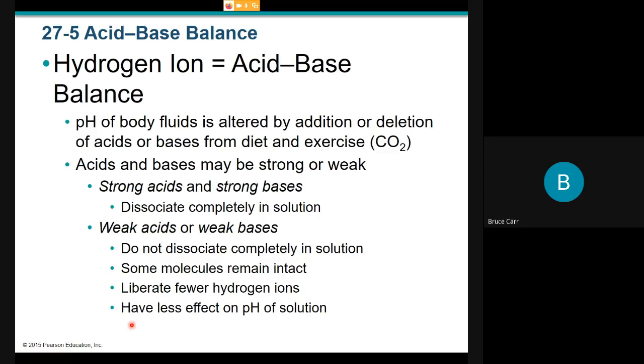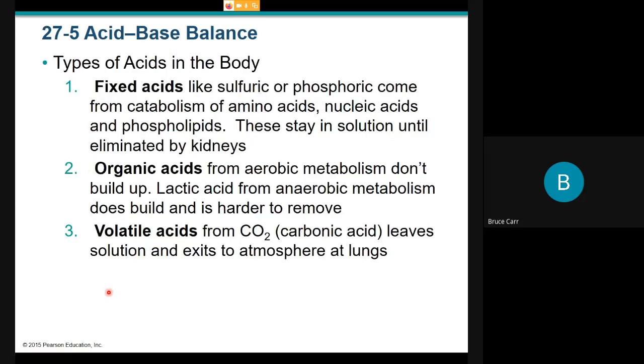Buffer solutions can absorb hydrogen ion fluctuations and maintain a consistent pH. Fixed acids: if you have a sulfur or a phosphorus source in our body, you can produce things like amino acids, nucleic acids, phospholipids. These are regularly required fixed acids. Basically, if there's an excess, they stay in solution until the kidneys take them out.